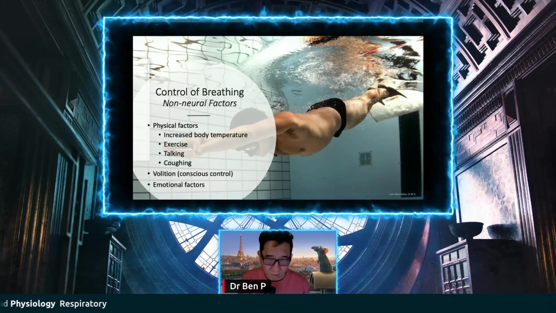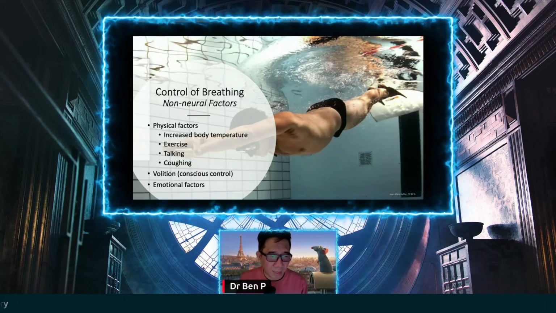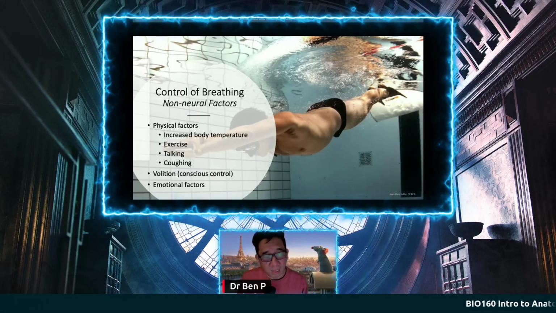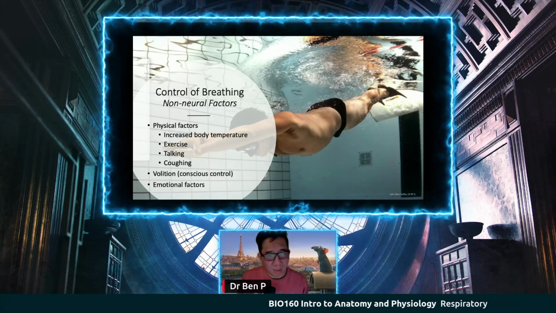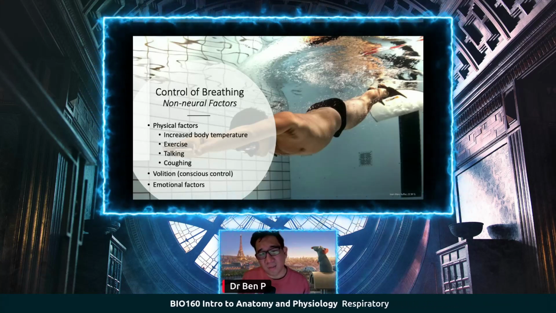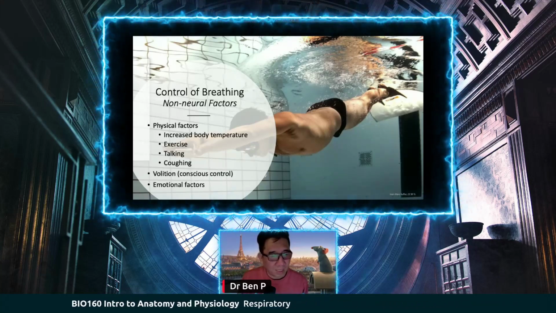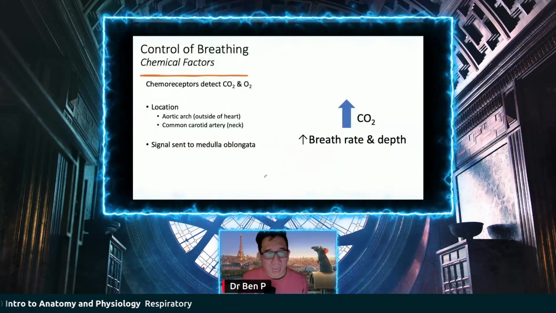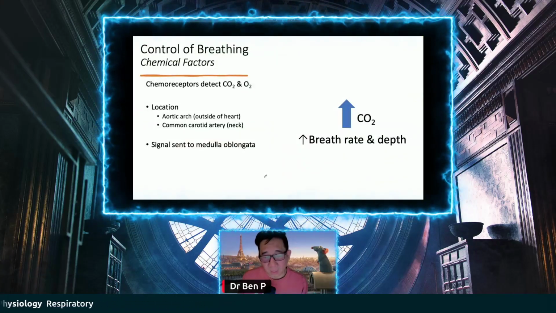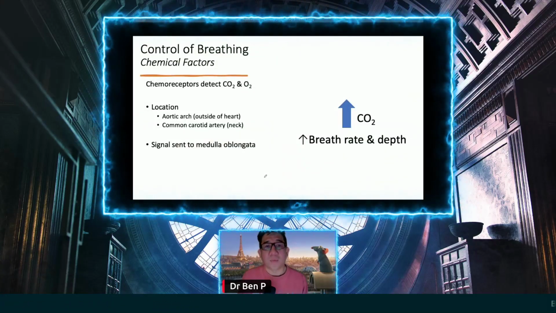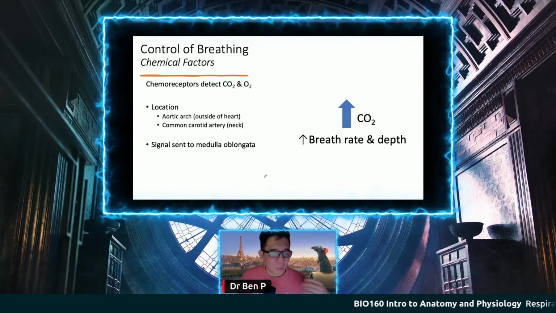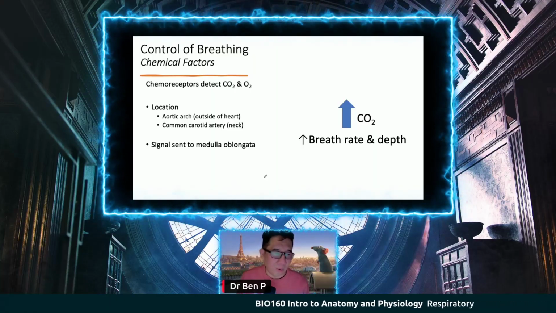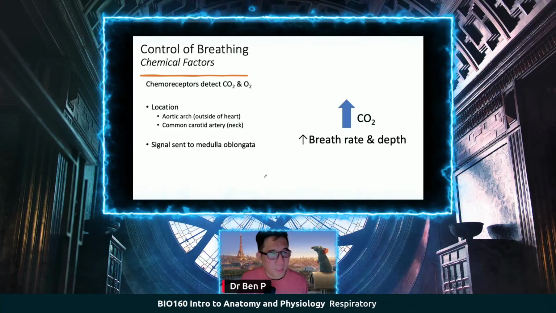Talking sometimes, like I'm doing now, causes me to breathe faster as well. Coughing, definitely, right? Your emotions can also speed up or slow down your breath. Your conscious control can too: you're focusing on your breath and you decide, okay, I'm gonna breathe slowly, or breathe fast, so you could consciously control your breath as well.